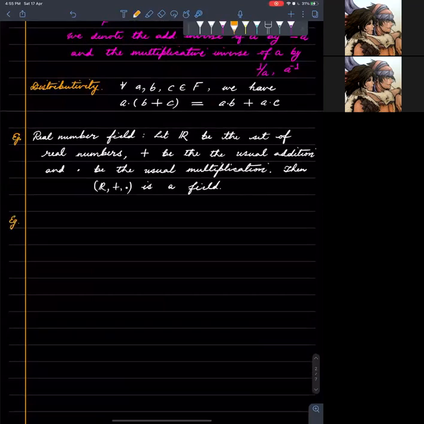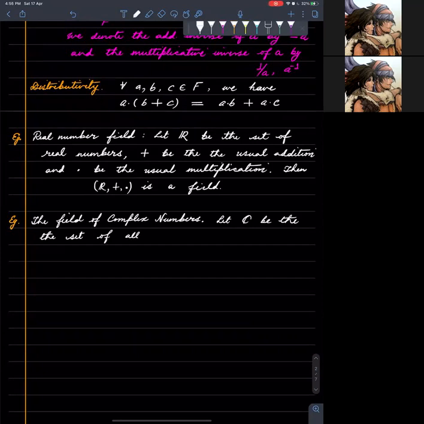Another very important example of a field is the field of complex numbers. So again, let C be the set of all the complex numbers. And again, the same story.